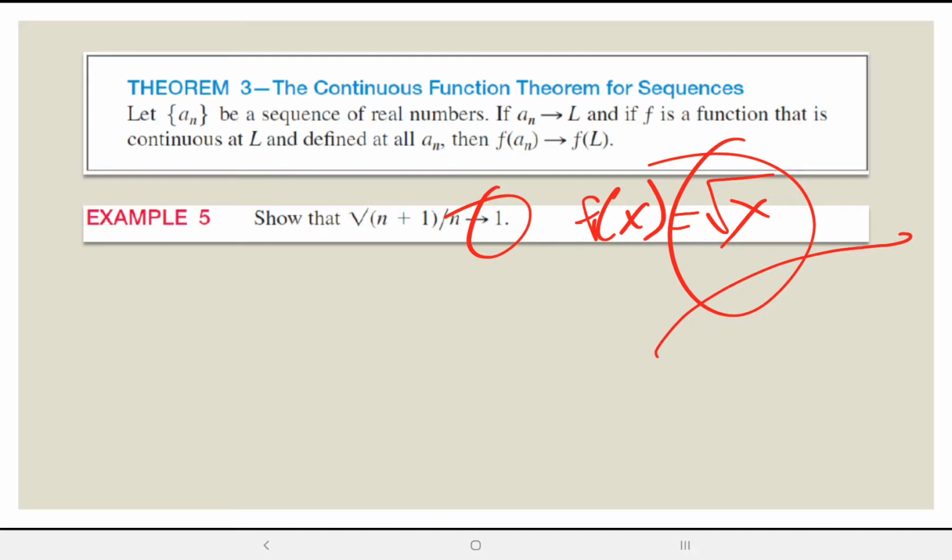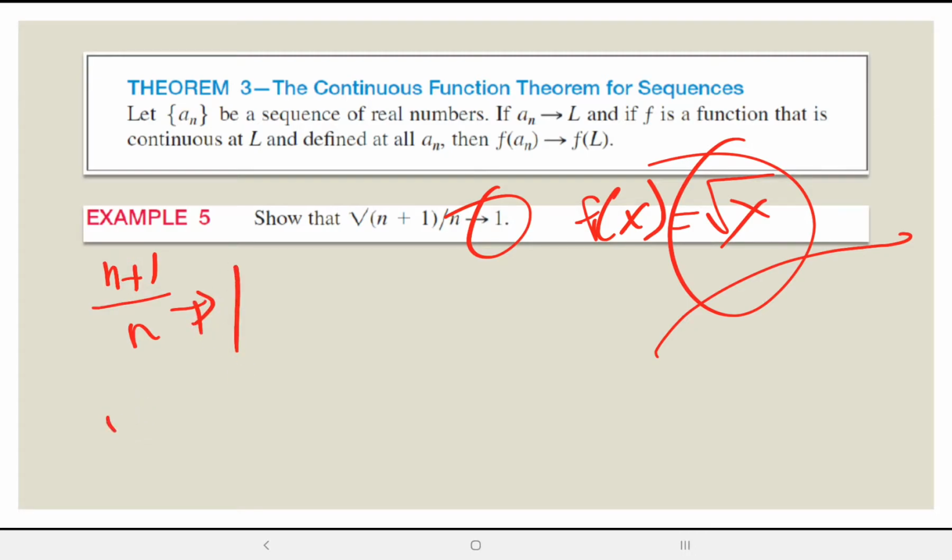Okay, so what this means is that since we know, I think yung previous na discussion natin, that the limit of n plus 1 over n is equal to 1.